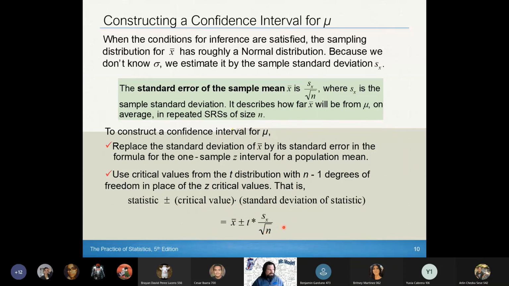So this is kind of like the population mean version of what we did for population proportions. We had P hat plus or minus Z star times the square root of P hat times 1 minus P hat divided by n. This is the companion formula, if you will. And so that leads us to the next thing.